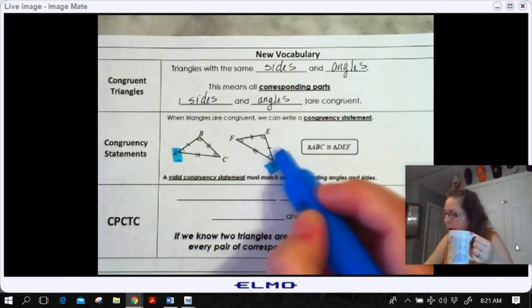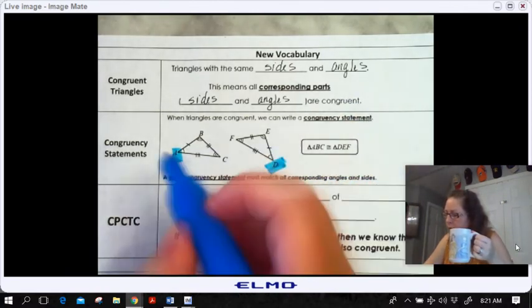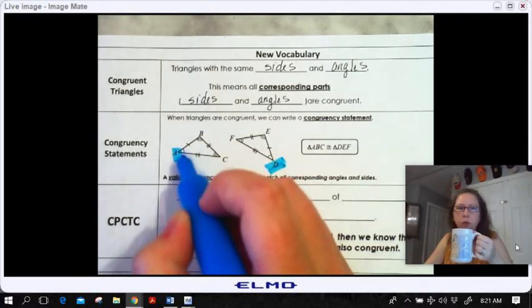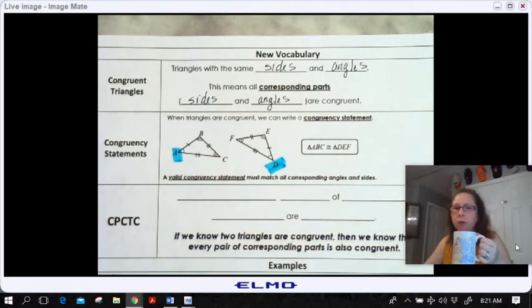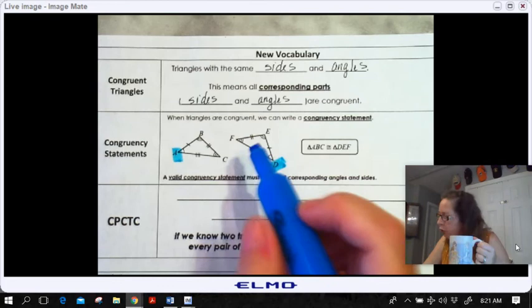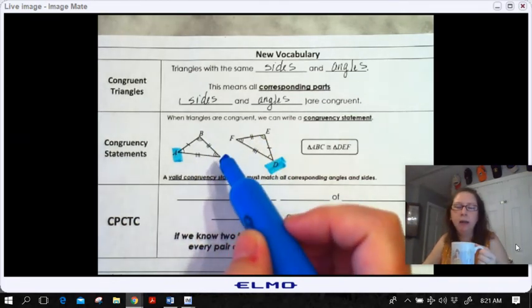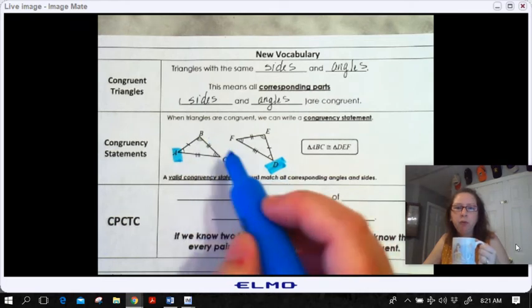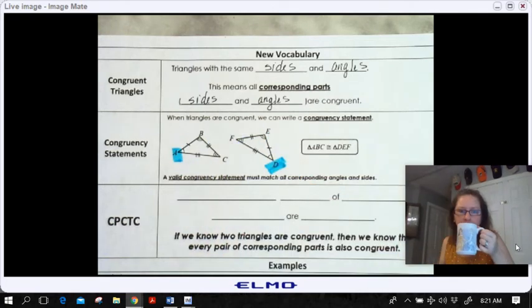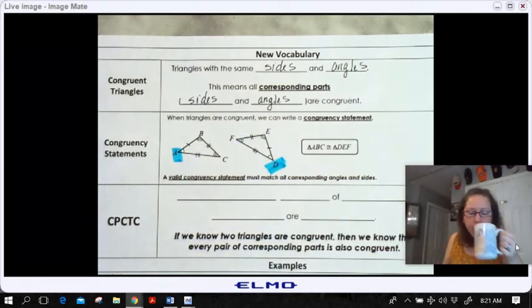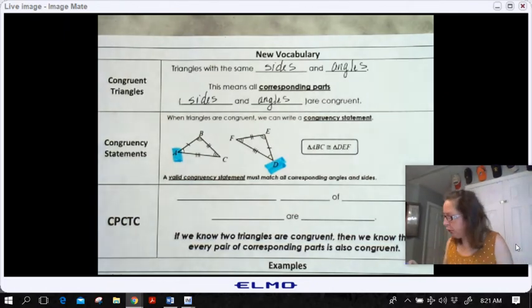This is one little scoop in the corner. This is only one little scoop in the corner. Side FE has 2 little lines. Side BC has 2 little lines. So those 2 sides are going to be congruent. We're going to get some practice with doing that in just a minute.